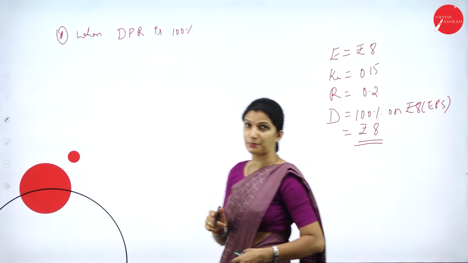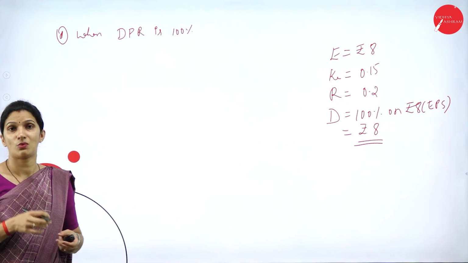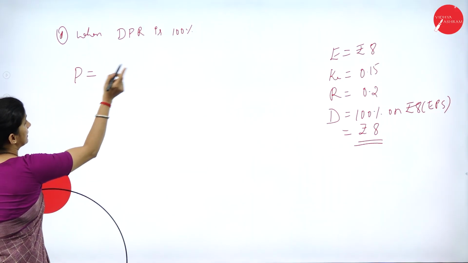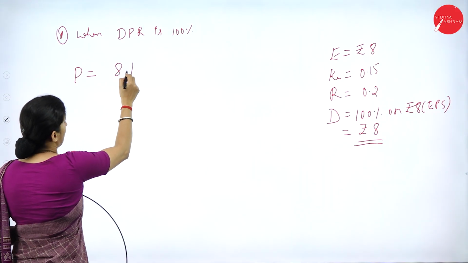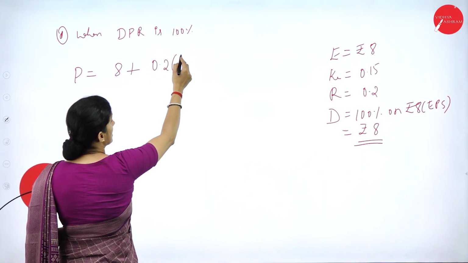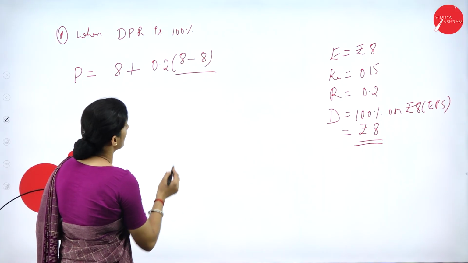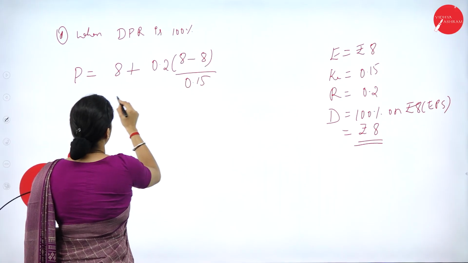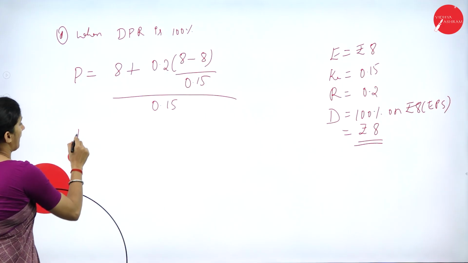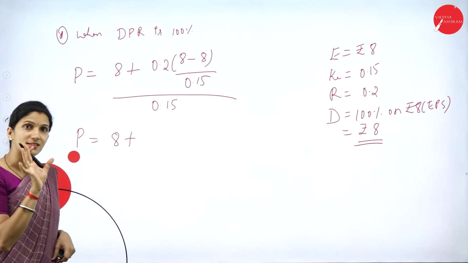So now what is the market price for these details when the dividend payout ratio is 100%, that is 8? What is the market price that we need to calculate? So here P is equal to D, that is 8, plus R, that is 0.2, into E minus D, that is EPS minus dividend, that is 8 minus 8, divided by KE, that is 0.15, whole thing divided by 0.15. So now P is equal to 8 plus. So 8 minus 8 is 0.